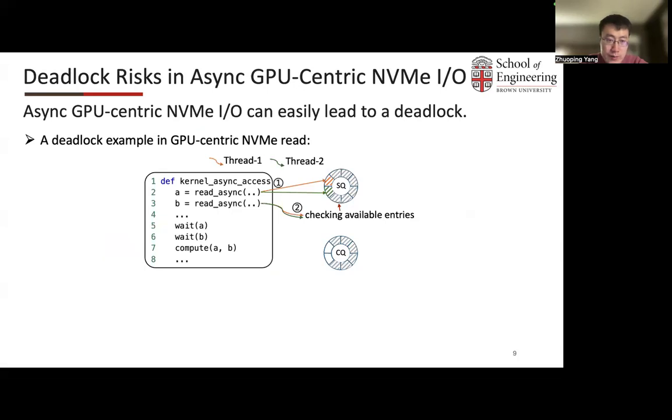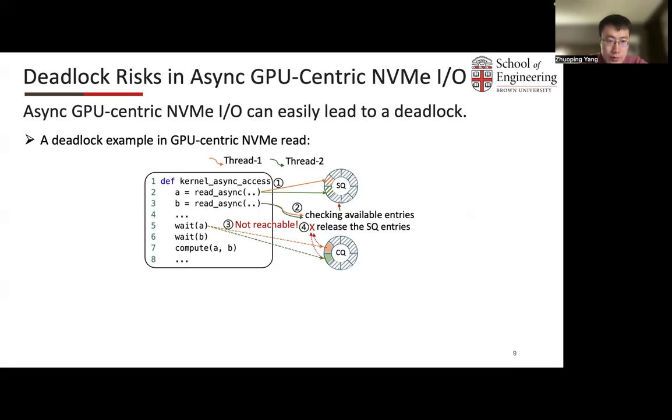Therefore, they have to keep checking here. So these two threads are blocked here, which means that they cannot reach line 5, where they can process the completion message and release the corresponding SQ entries for other threads to use. So this will cause a deadlock.